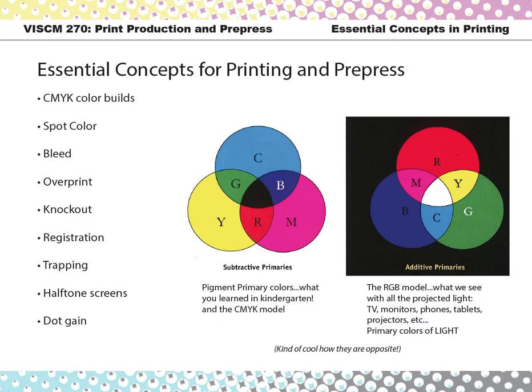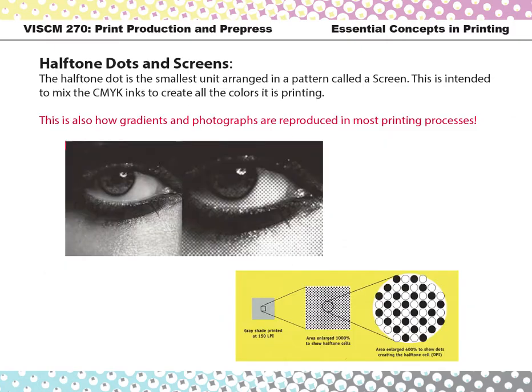So one of the main concepts that comes with printing is the halftone screen and halftone dots. A press cannot print graduated shades of gray, these continuous tones of gray, without the use of halftone screens.